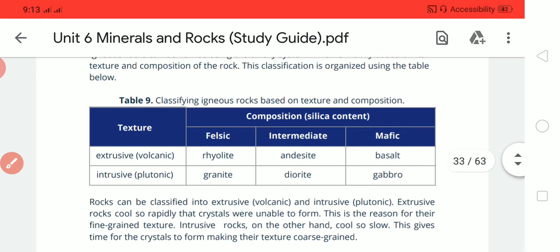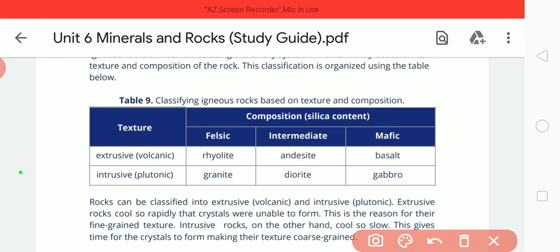So for example, let's say a type of rock has very few crystals. So we focus on this area, because it has few crystals. Now, if the rock is dark colored, then we can say that it belongs to the mafic composition.